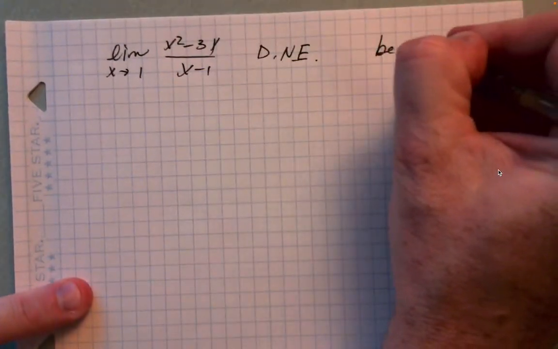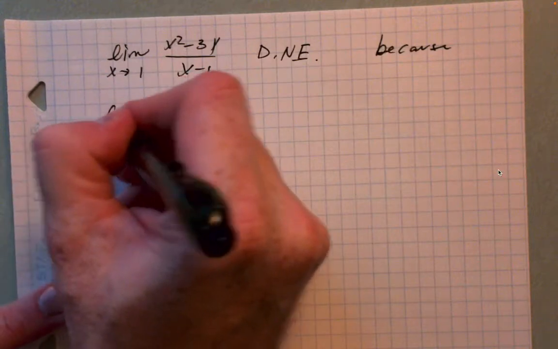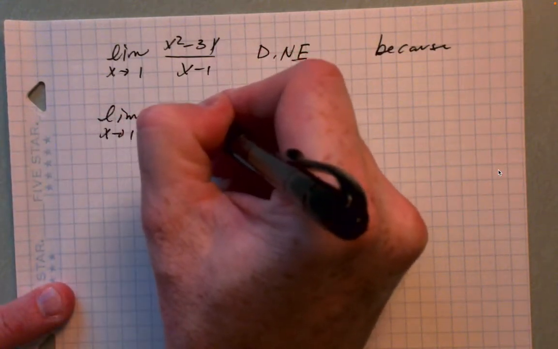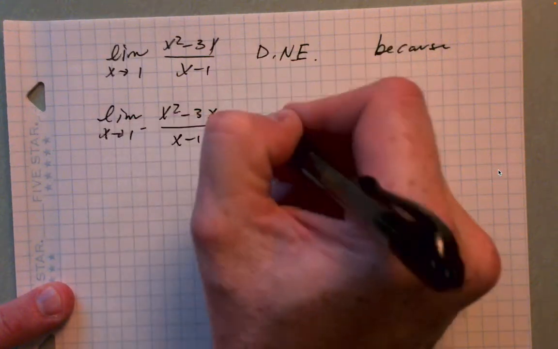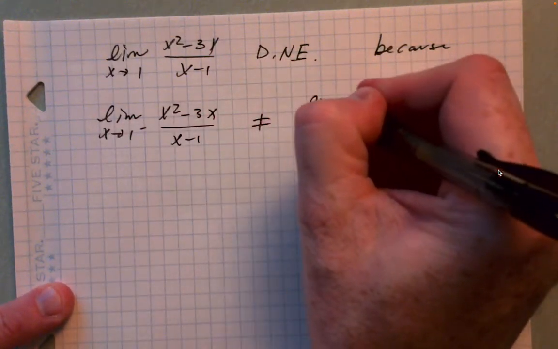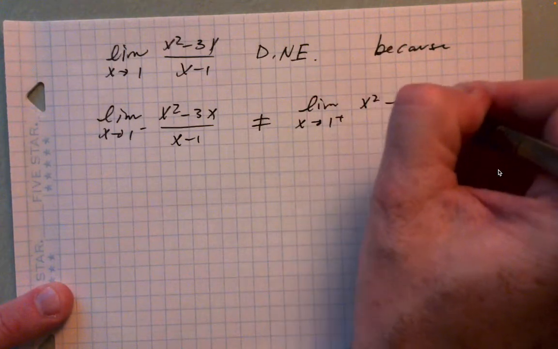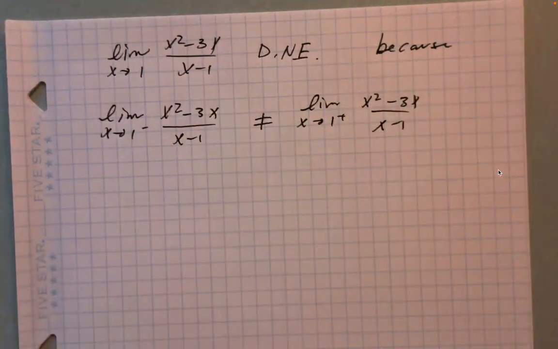Just to be explicit, the limit as x approaches 1 from the left of (x squared minus 3x) over (x minus 1) does not equal the limit as x approaches 1 from the right of the same function. So the left and right hand limits don't agree, and the overall limit doesn't exist.